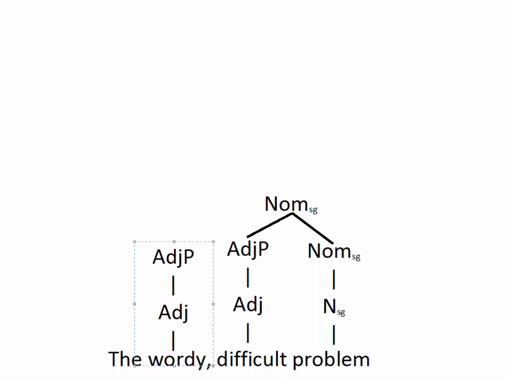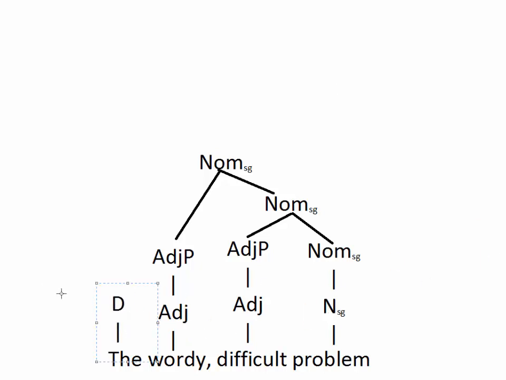And our rule says combine an adjective phrase plus a nominal, which we have, to make a bigger nominal. And there we go. So that's how we would add that in to make the even bigger nominal wordy difficult problem. Now we can go ahead and add in our determiner again and build up our noun phrase to get the noun phrase for the wordy difficult problem.